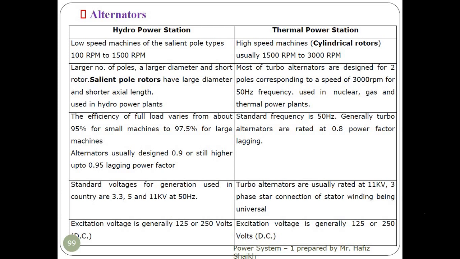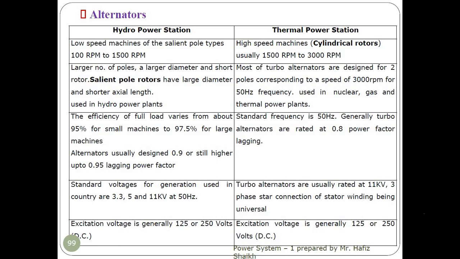Most of the turbo alternators are assigned for two poles corresponding to a speed of 3000 rpm for 50 Hz frequency, and are used in nuclear, gas and thermal power plants. Talking about efficiency, the efficiency at full load varies from about 95 to 97.5% for large machines. Alternators are usually designed for 0.9 or still higher, up to 0.95 lagging power factor.